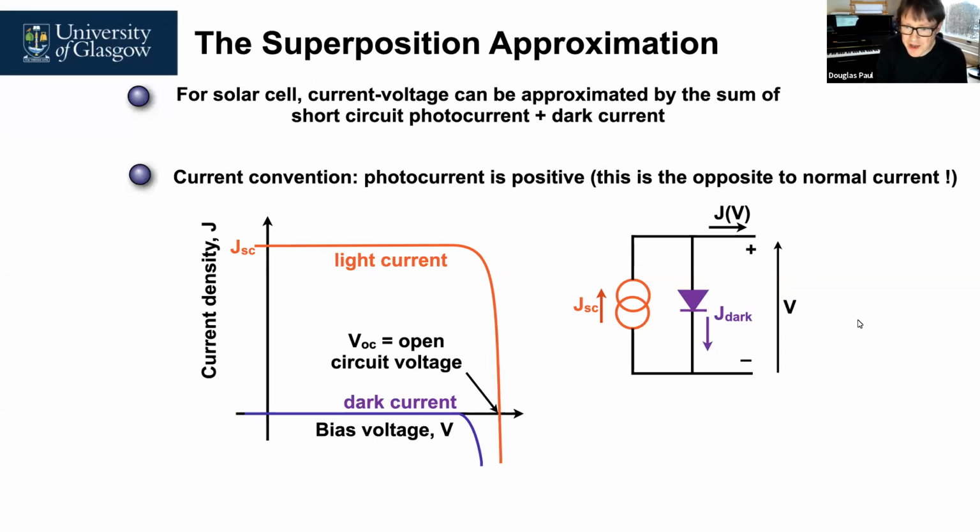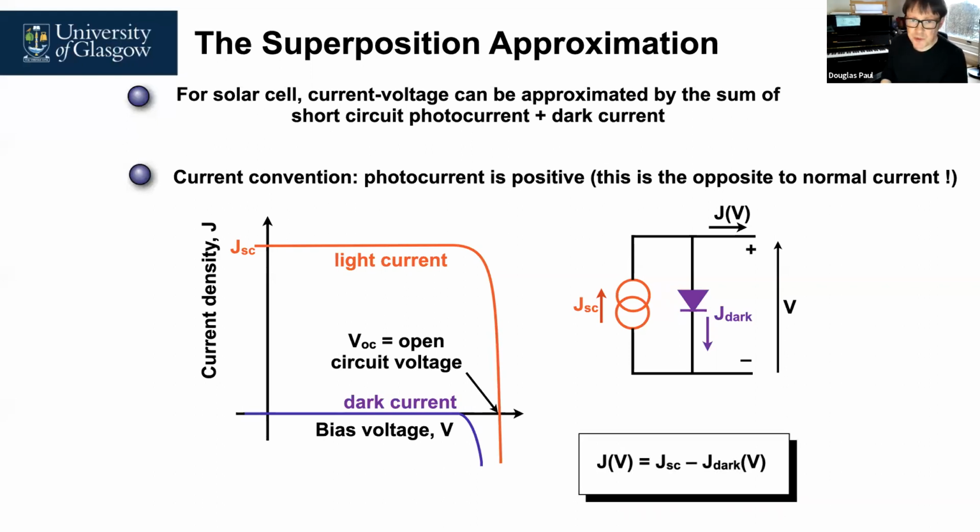So if we don't connect this to a load or to a battery, this is open circuit, and that's the voltage we measure here. If we short the two ends between our positive and our negative, that's the short circuit current that we measure at this point, because we'll get a voltage when we short this of 0. So this is our short circuit current density, basically a bias voltage of 0 at this point.